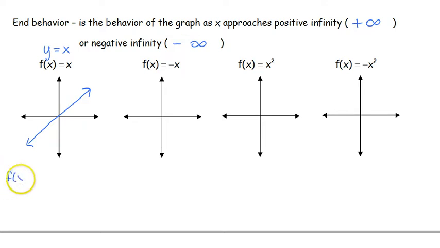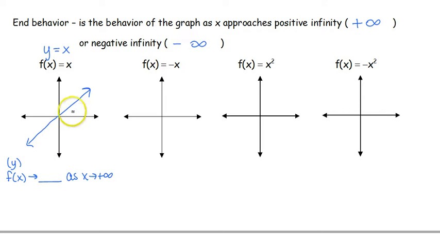So we're going to write f of x, and again we know f of x is y. We want to find out what does that approach as x approaches a positive infinity. So our x value we know is on the x-axis. As x gets larger, how is our y value affected?